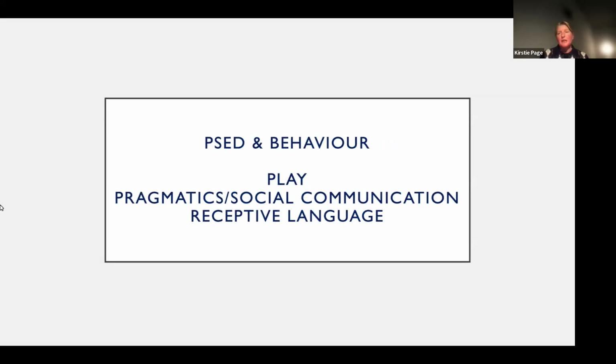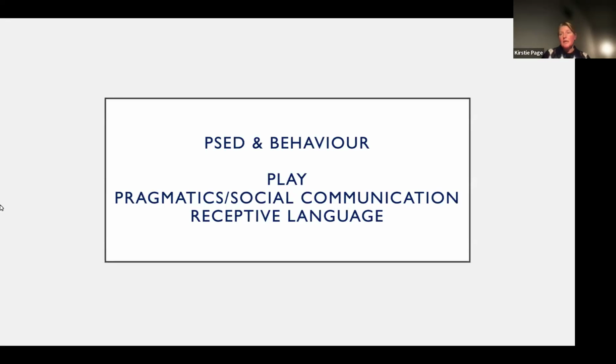Again, if we're thinking about children where our concerns are mainly personal, social and emotional development or behaviour, Launchpad can really support us with this. In my opinion, certainly in the early years, probably 96–97% of children who exhibit behavioural needs, it's actually due to a communication or language-based problem.